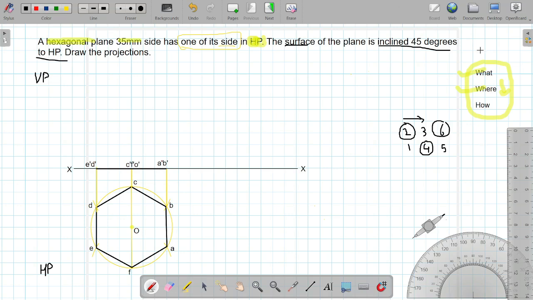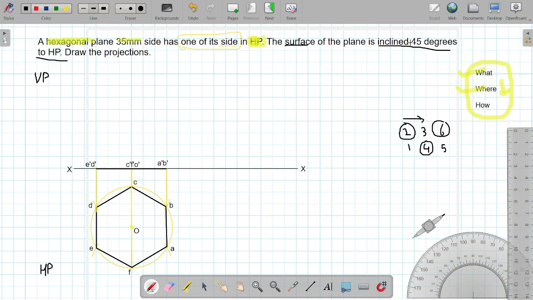Now we are given that the surface of the plane is inclined 45 degrees to HP. So if it is inclined 45 degrees to HP, its true length will be visible in VP. And also we have seen that the next step will be here only, which is in the VP. So if the condition is given with HP, you have to make it in VP because true length will be seen in the opposite view.